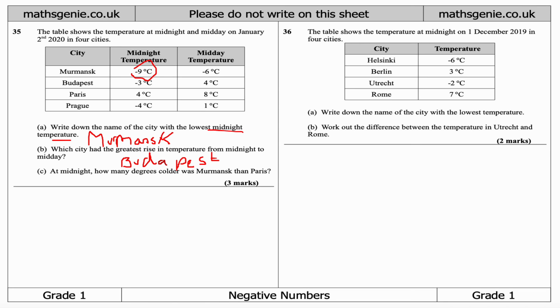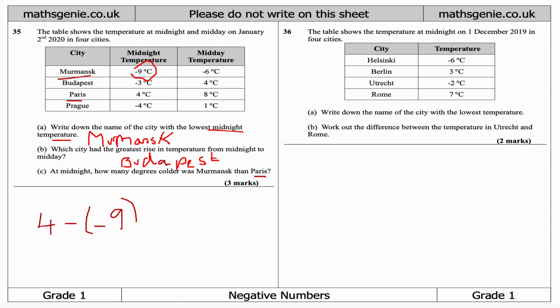Part C. At midnight, how many degrees colder was Murmansk than Paris? So midnight. This is going to be 4 degrees, take away -9.